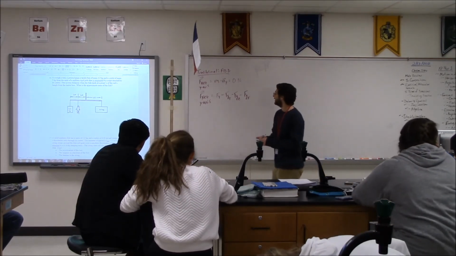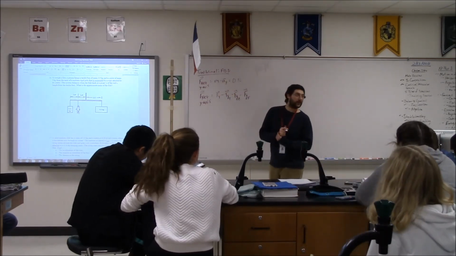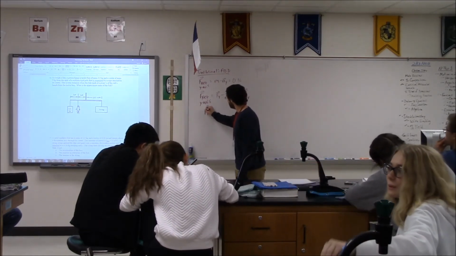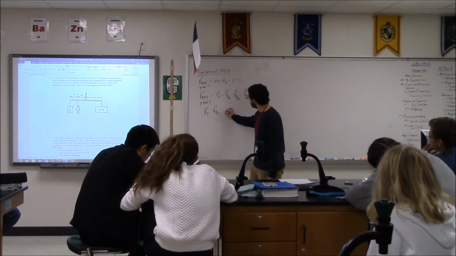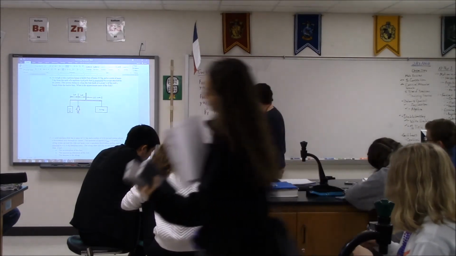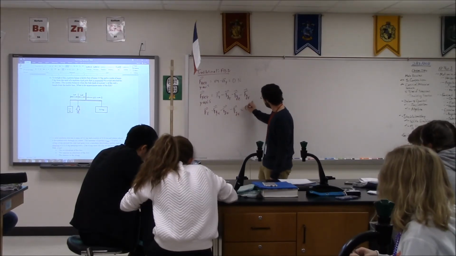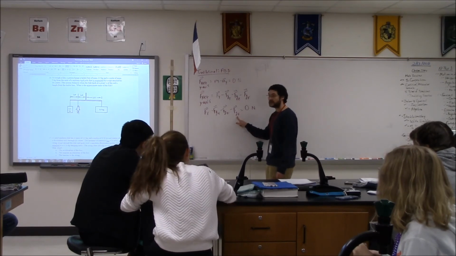So now what am I going to do? Set them equal. Alright, so force of tension minus force of gravity of the tackle box minus force of gravity because of the cooler minus the force of gravity because of the fish all equals 0. And we're supposed to be trying to find the fish here.